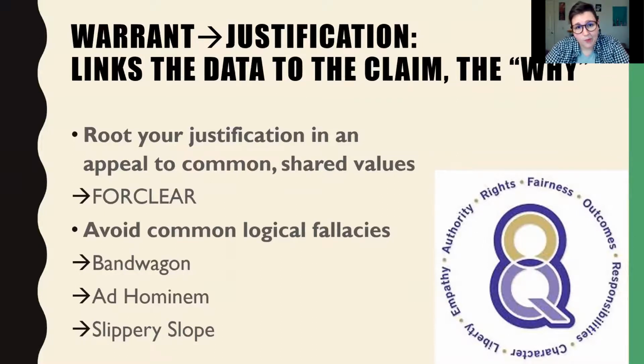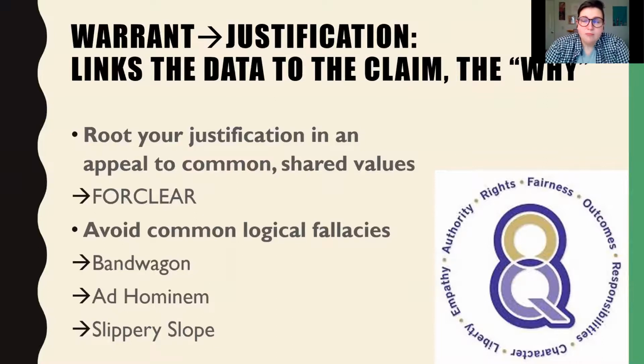Finally, slippery slope. This is the logical fallacy that if this happens, then of course this is going to happen, and we don't necessarily see a relationship between those two things. If you think back to the year 2013, when the Defense of Marriage Act, or DOMA, was overturned, allowing same-sex couples to legally marry under the law, a lot of folks argued in response that if we allowed gay folks to get married, then people would want to marry their animals, their houses, and inanimate objects.